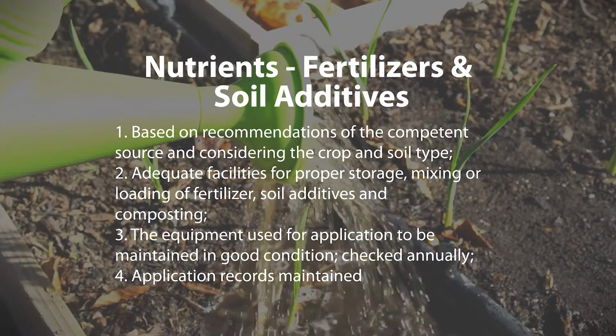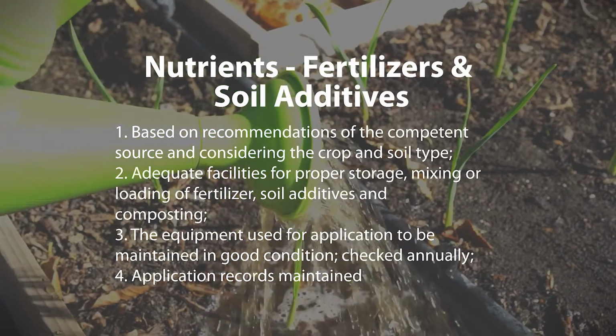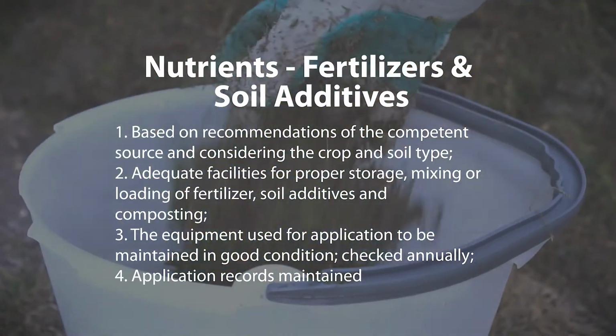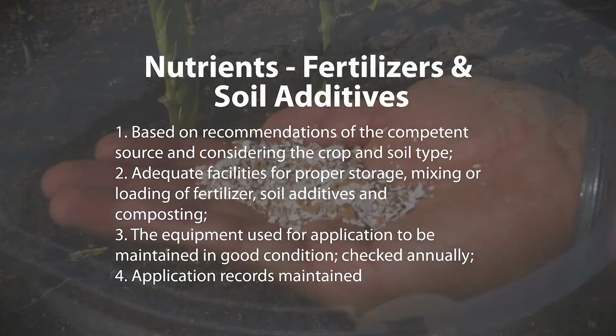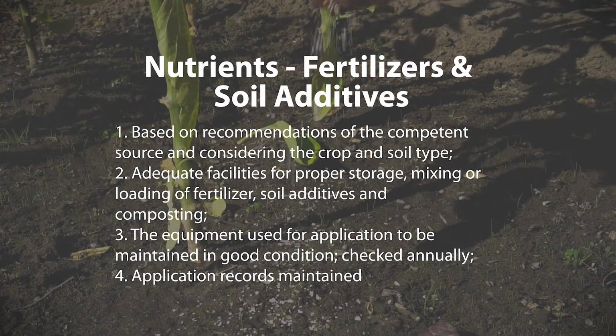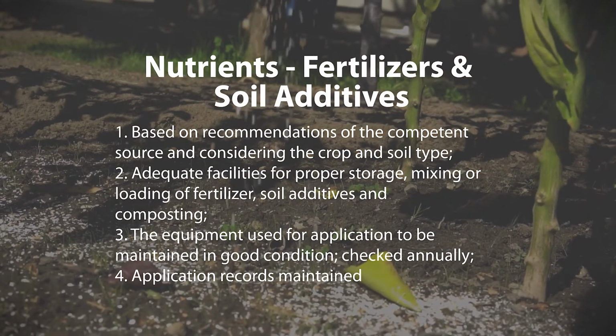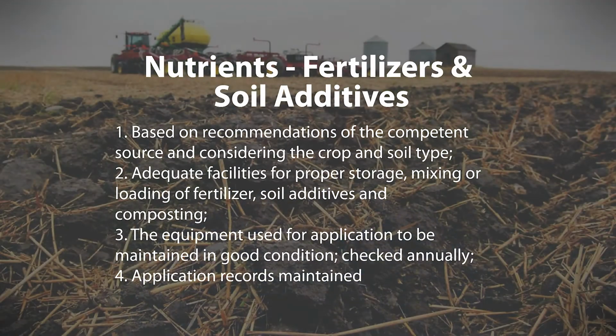Fertilizers and soil additives should be applied based on recommendations from a competent source, an extension officer, and considerations be taken based on the crop and soil type. Ensure that adequate facilities for proper storage, mixing, or loading of fertilizer, soil additives, and composting are known, constructed, and maintained to minimize risk to the environment.